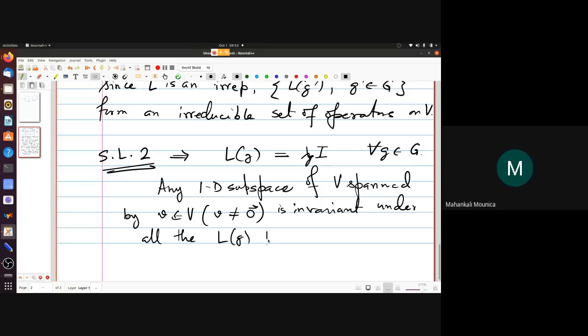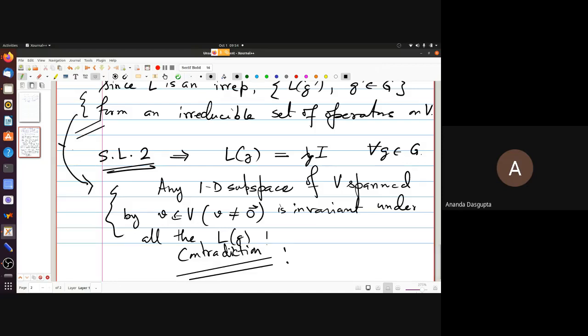Yes, sir. And that's a contradiction. Can you see why? Why is this a contradiction? There's a contradiction between this statement here and this statement here. These two contradict each other.